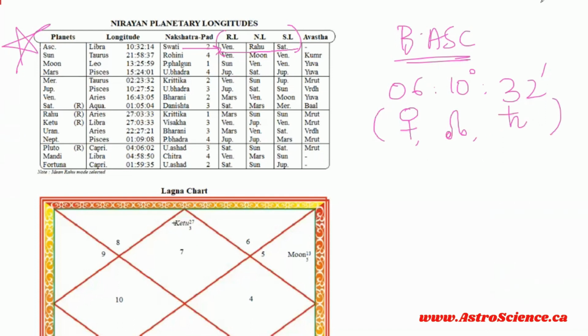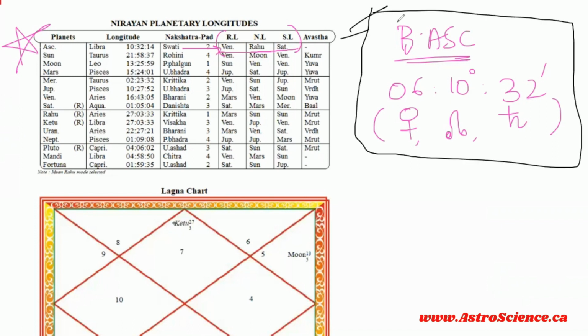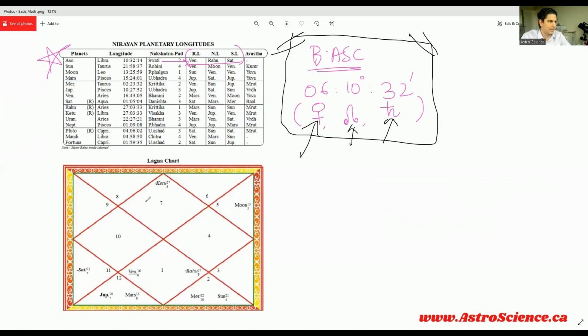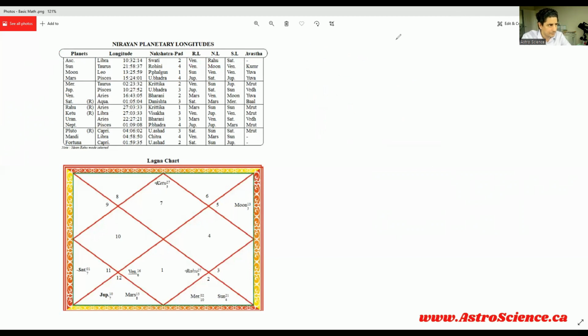This is how we mention the birth ascendant for anyone. If anyone asks for the birth ascendant, this is the first very important information which we gather and see. The sublord is Saturn over here, the Nakshatra lord of the ascendant is Rahu, and the Rashi lord, as you can see, is the Libra zodiac sign.